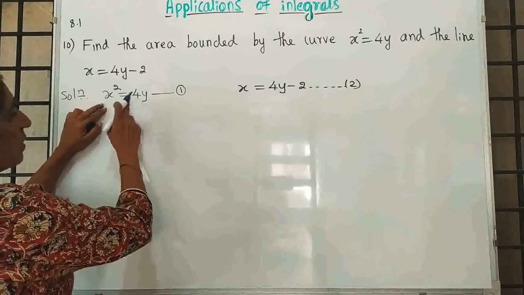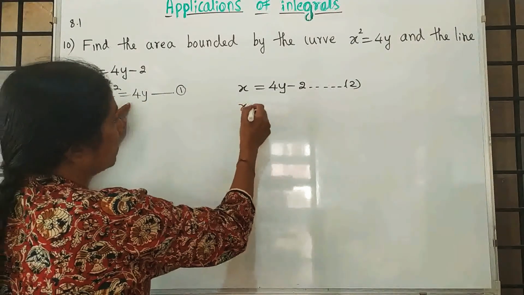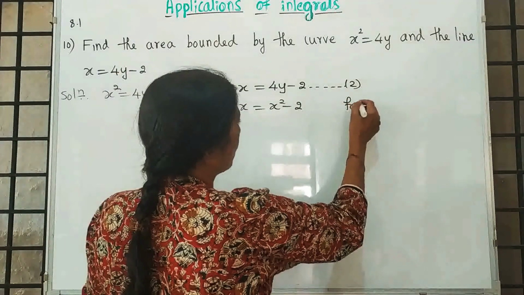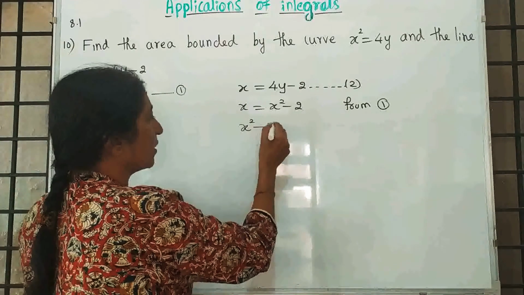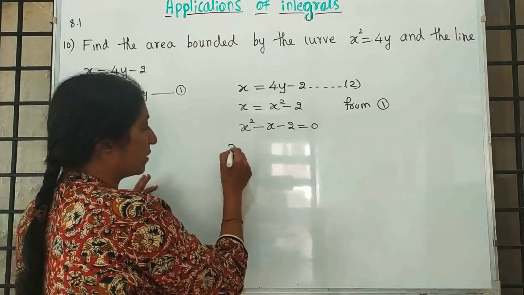What is x square is equal to 4y? 4y means we can write x square. This we are writing from equation 1. And this is a quadratic equation, x square minus x minus 2 is equal to 0. Factorize this.